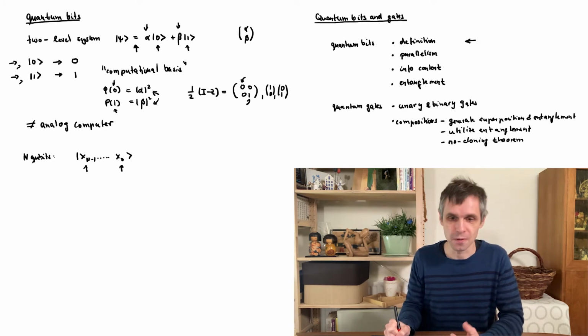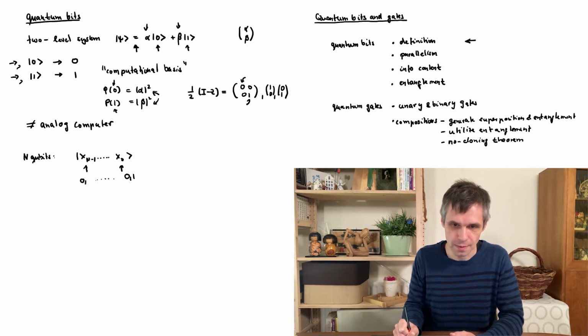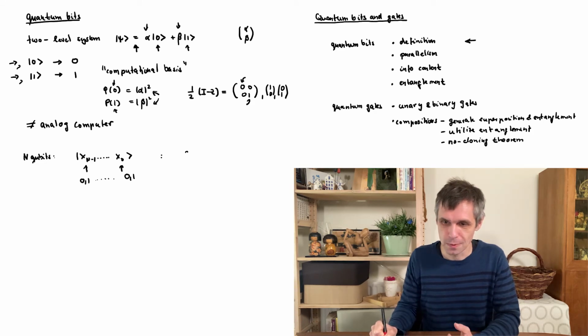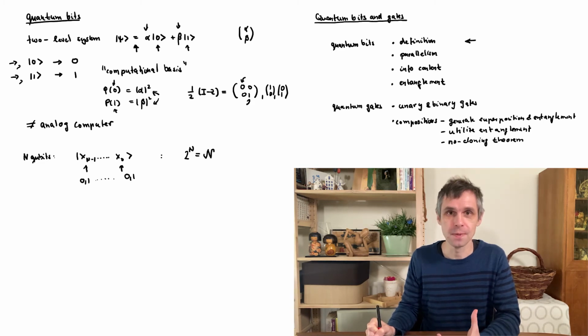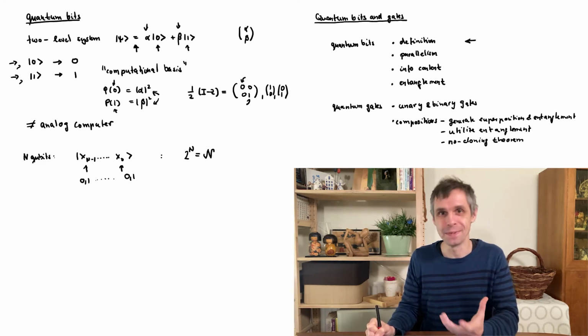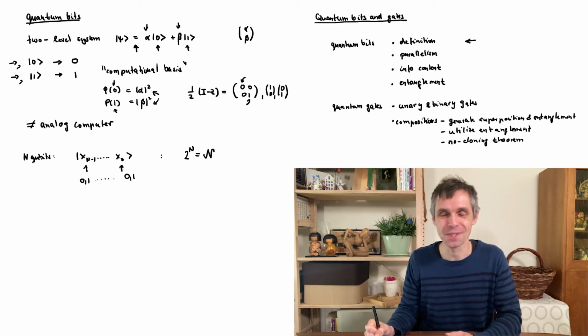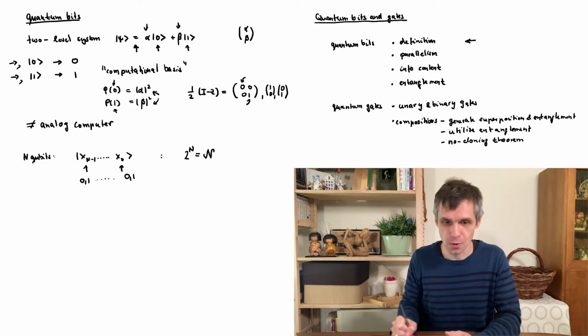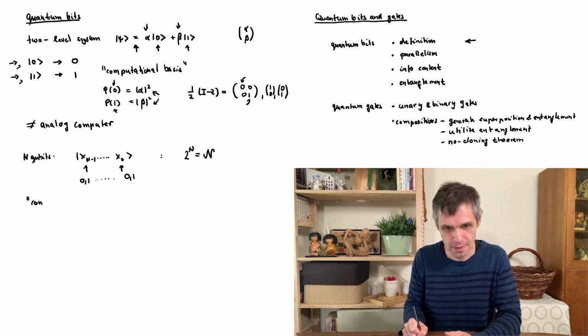So therefore each of these entries can take the value 0 or 1, and each of these entries can do this independently. So altogether we will have 2 to the n states, and I'm going to abbreviate this by a curly n, and this symbol with this interpretation will occur many times in the remainder of this course. So this again we would call the computational basis.